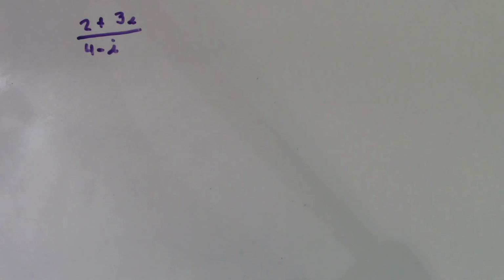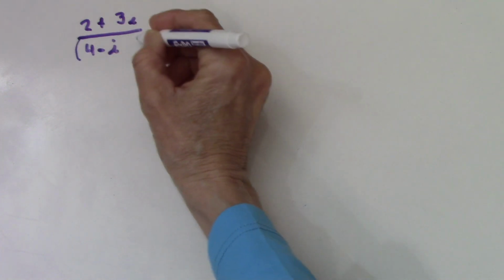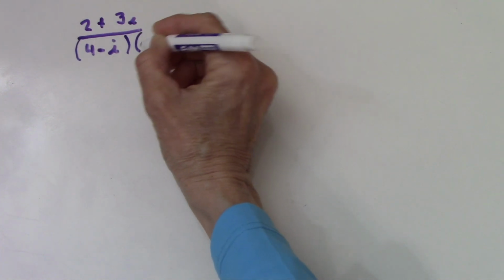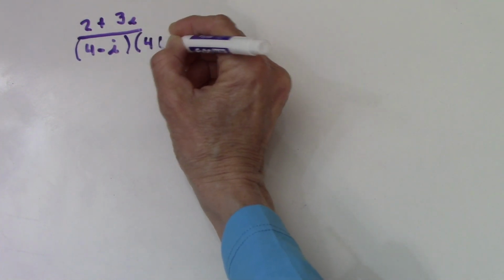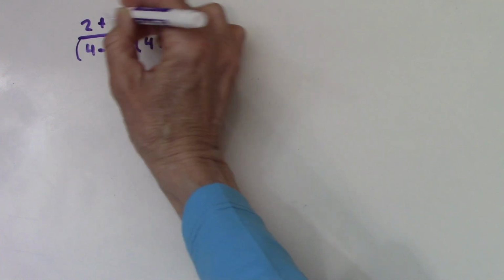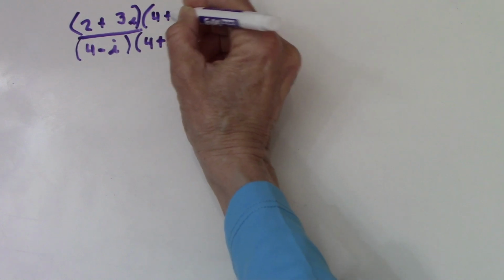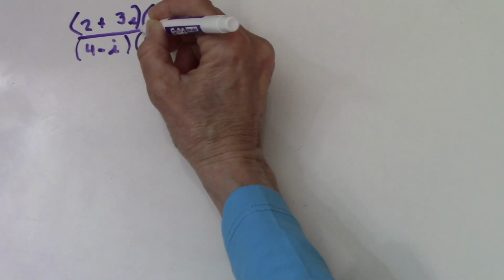From the previous video, we can see that when we multiply a number times its complex conjugate, we get a real number. So that's what we're going to do here. We multiply the 4 minus i times its complex conjugate, which is 4 plus i. And whatever we do to the denominator, we have to do to the numerator. So we multiply times 4 plus i in the numerator.